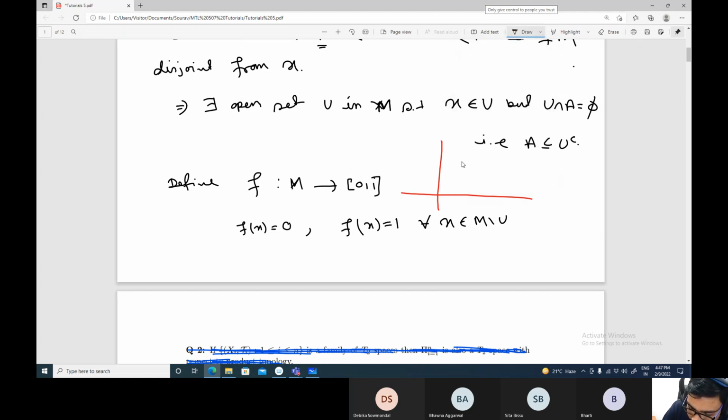You have a point here, this is your neighborhood U, and as I said, A is disjoint from U. This A will be somewhere here.